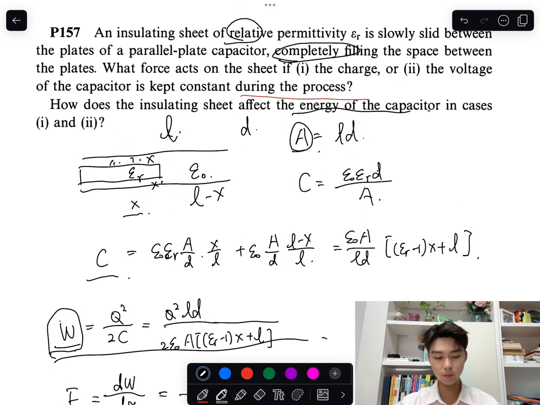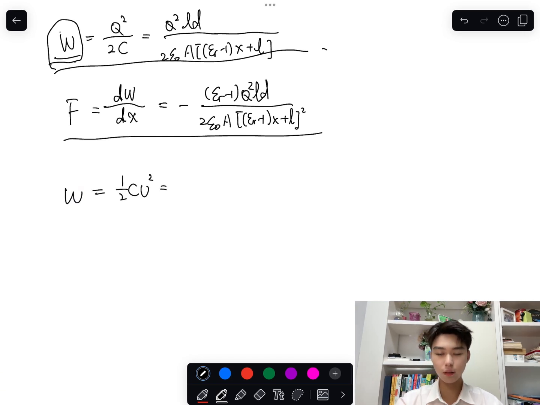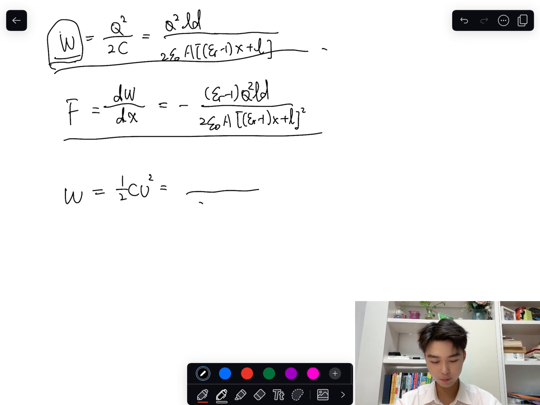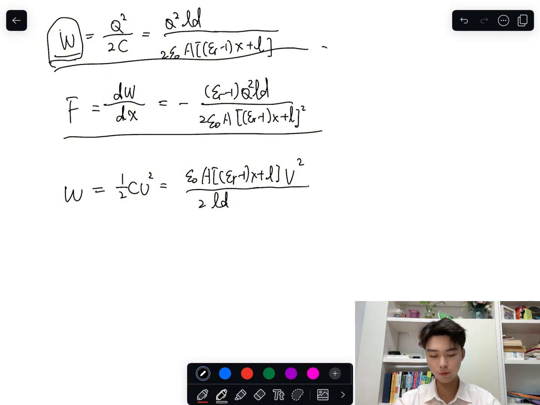So in the second circumstance, where voltage stays constant, now we're going to calculate W in this way. And the result shows that it equals this, where V is the initial voltage, and for F we do the same thing.